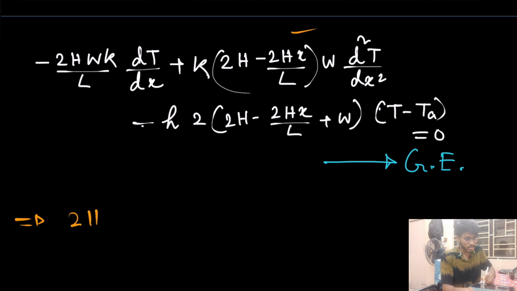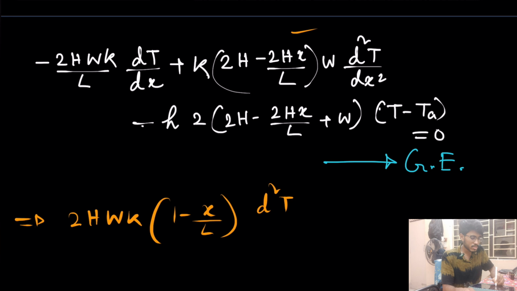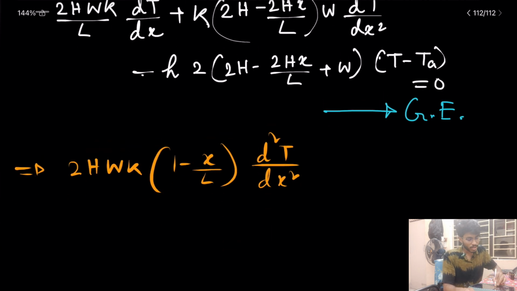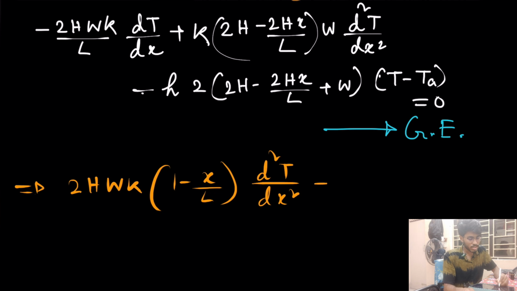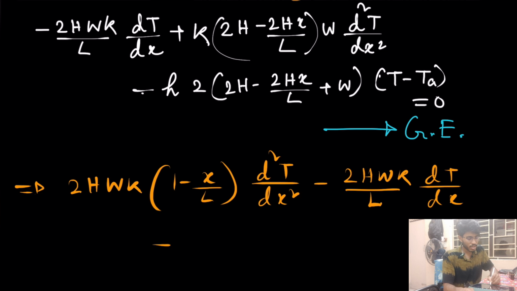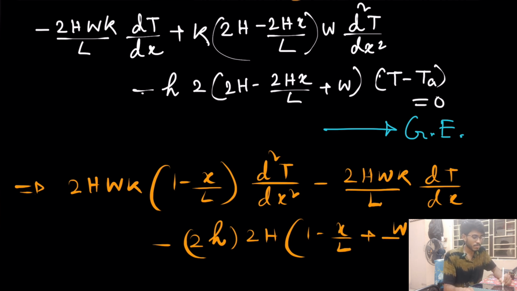I will take this 2h common here, so 2h wk into (1 minus x by L) d2x/dx2, clear, plus now the first term, 2h wk by L, then dt/dx, then the third term, I have here 2 small h, and if I take the 2h common here, then I will have (1 minus x by L) plus w by 2h.